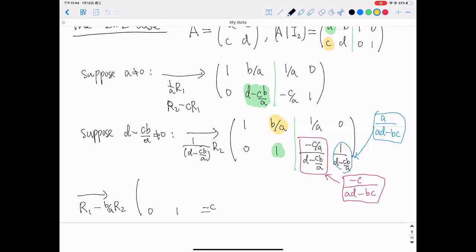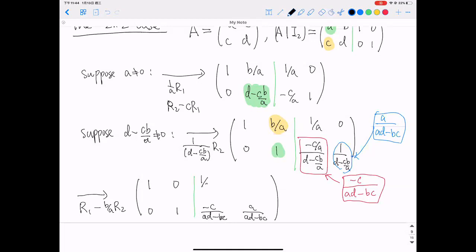Minus C over AD minus BC, A over AD minus BC. R2 remains the same. R1 becomes, well, 1 minus 0 is still 1. B over A minus B over A is 0 as intended.